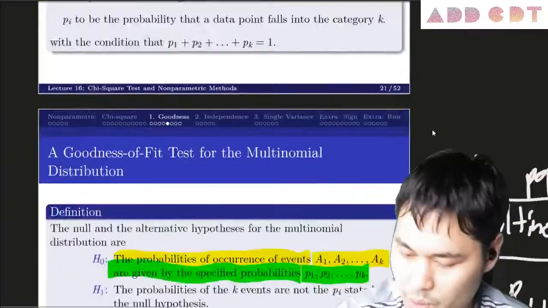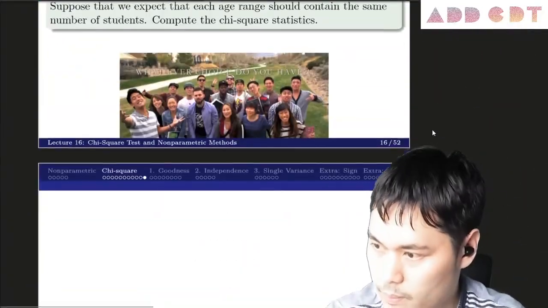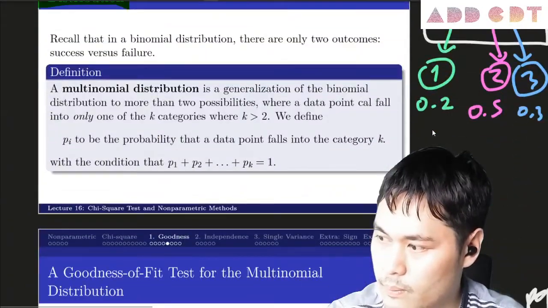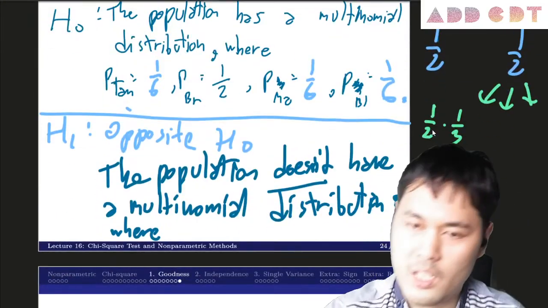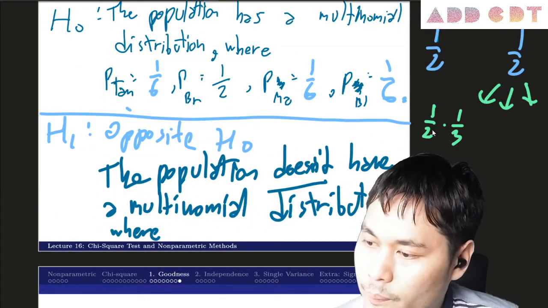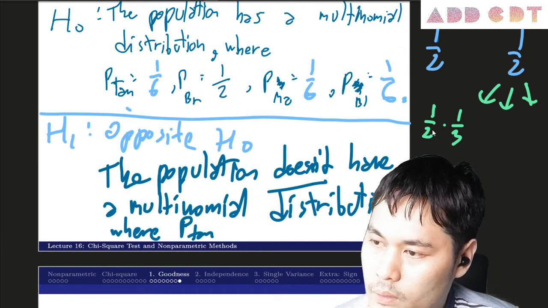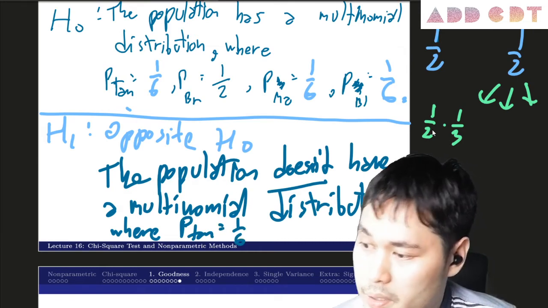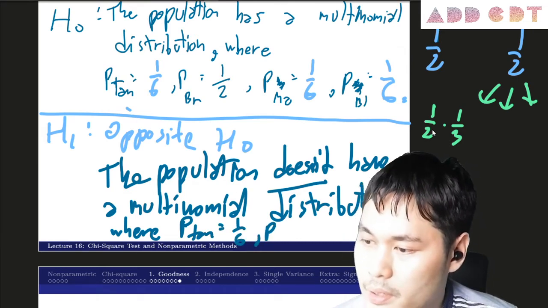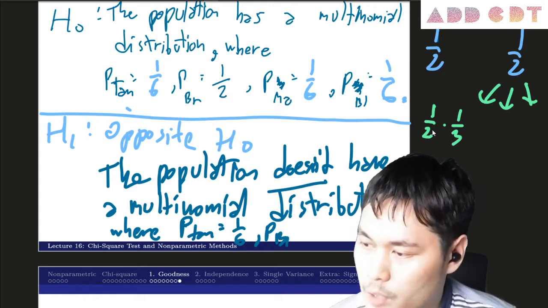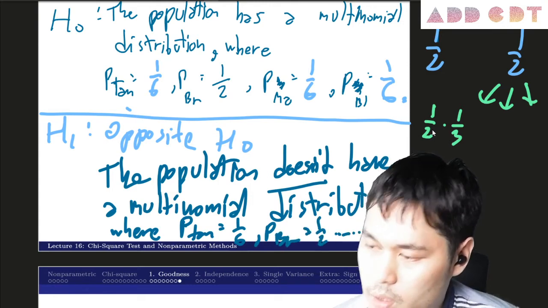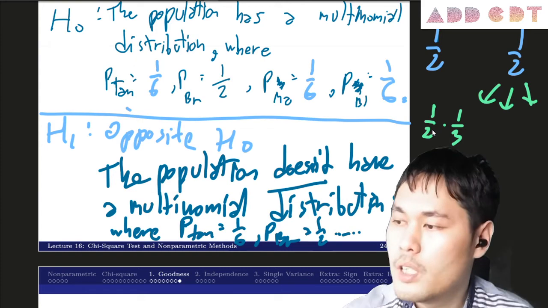Give me a moment. Okay, here we go. So the opposite is that this doesn't have a multinomial distribution with these 4 probabilities.